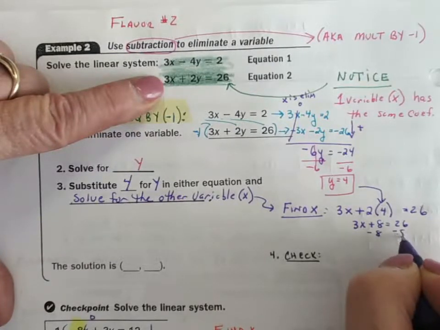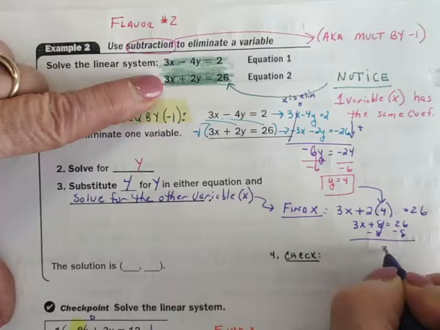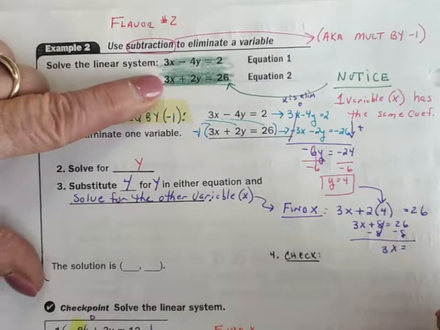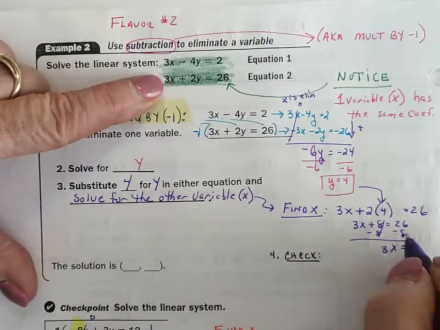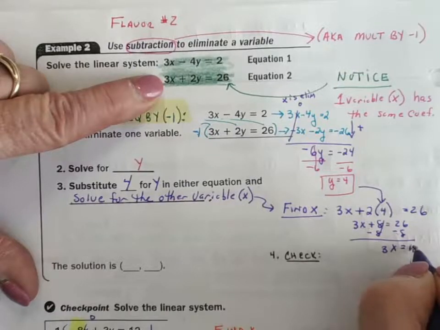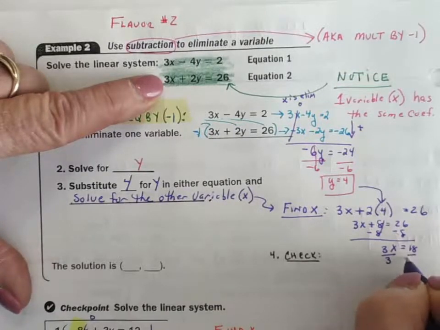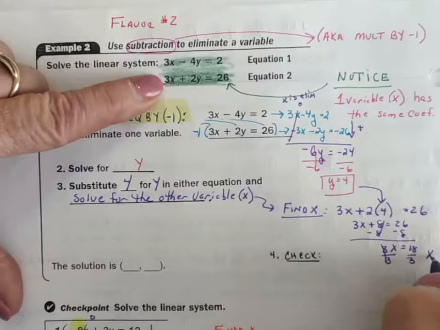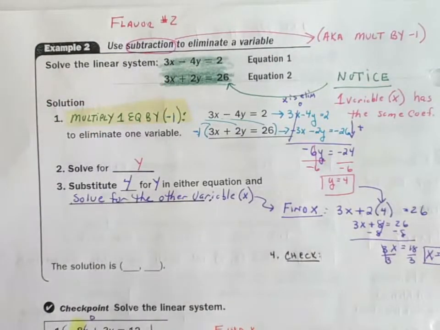Subtract 8. 3x equals 18. Divide by 3. X equals 6.